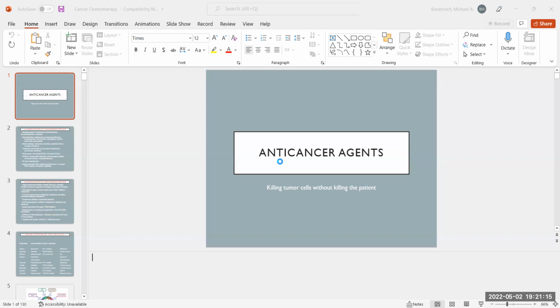G1 and G2 are either gap phases or growth phases, depending on whether you call them growth or gap. G1 is a phase where the cell recovers from mitosis and prepares to replicate DNA. There's a checkpoint right here. That checkpoint essentially determines if the cell has the energetic resources to replicate DNA. Replicating DNA is very energetically expensive.